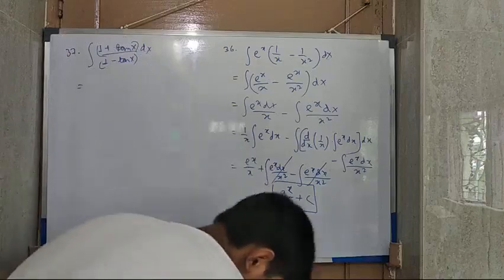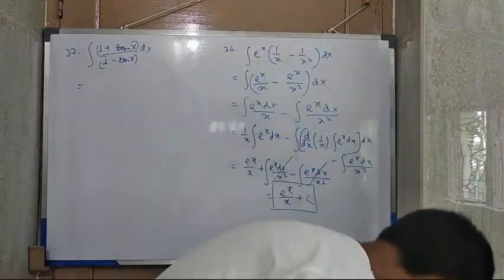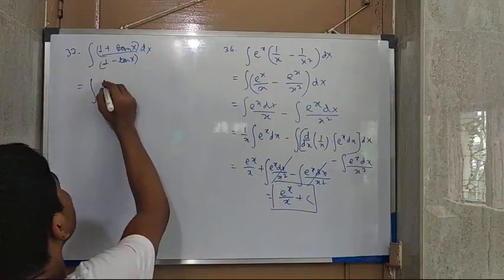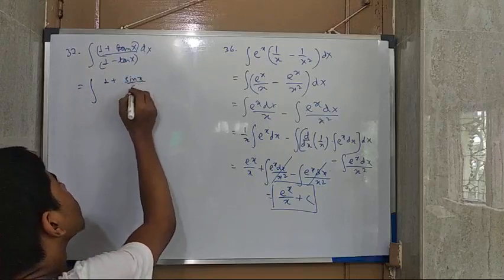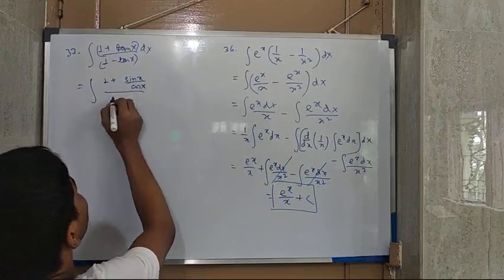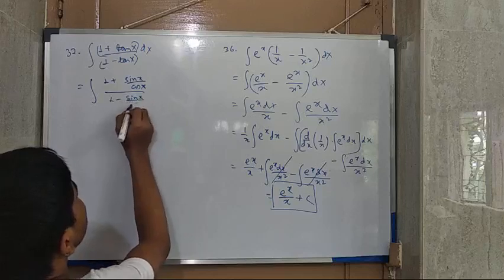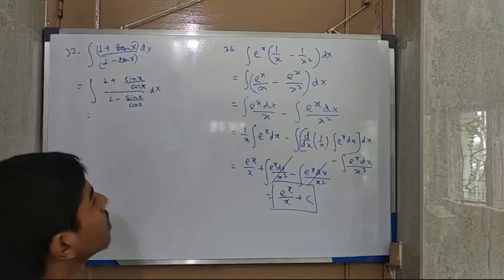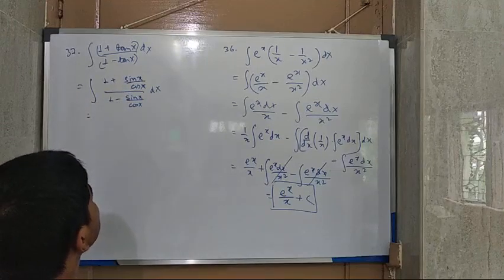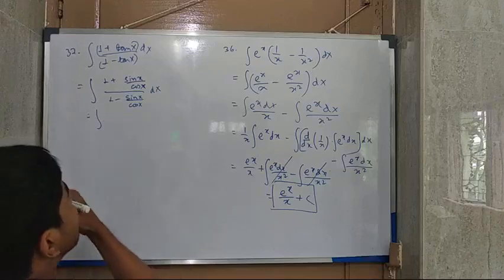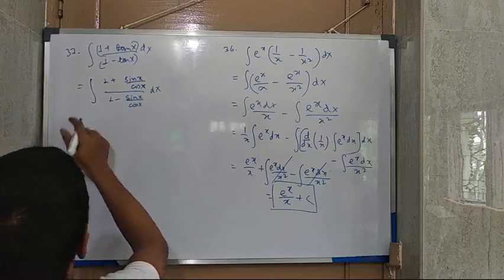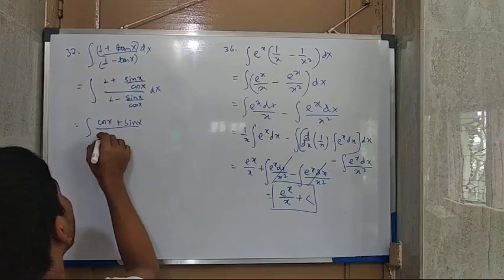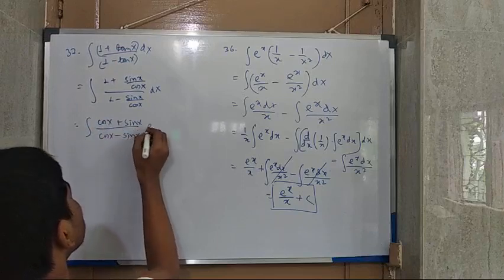So that is integral of 1 plus sine x by cos x divided by 1 minus sine x by cos x dx. So the cos x gets cancelled out, and this leaves us with integral cos x plus sine x by cos x minus sine x dx.